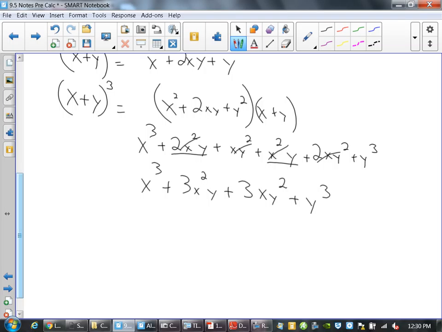With the y, it's nothing, 1, 2, 3. Your exponents decrease by 1 for the x, and increase by 1 for the y. They go in different directions as you work your way out.